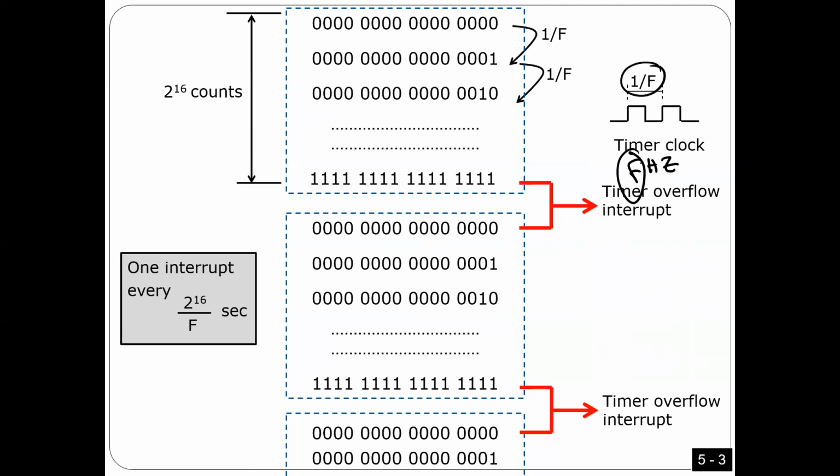That means every count is going to take 1 over f time, right? So to count from here to here, I need this time. To count from here to here, I need this time. So this is the time for a count. Is that okay? Okay. So how can this help input capture and output compare?